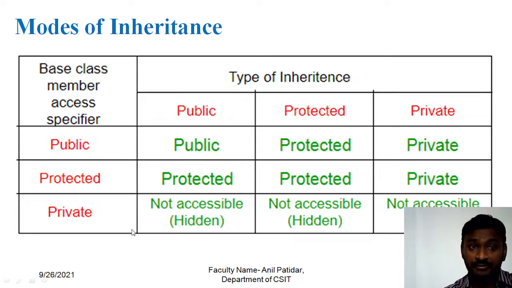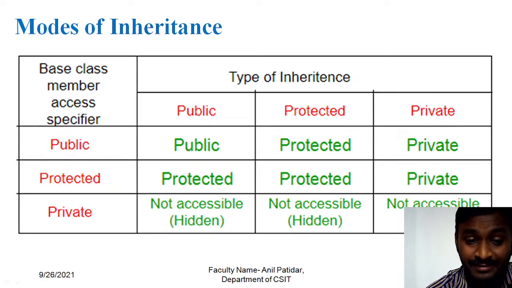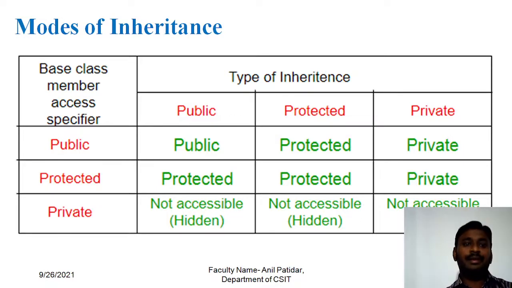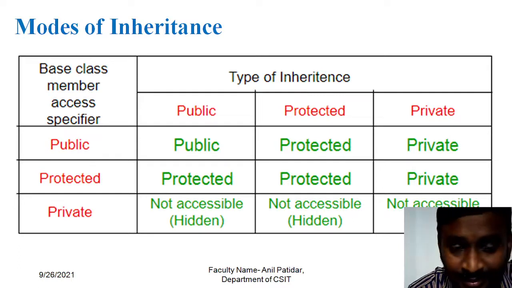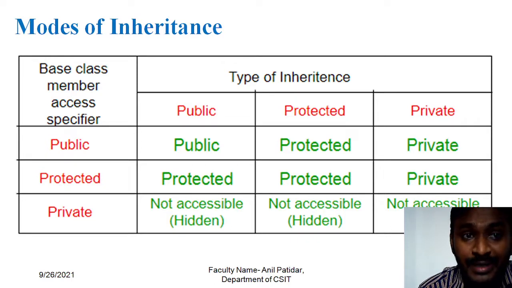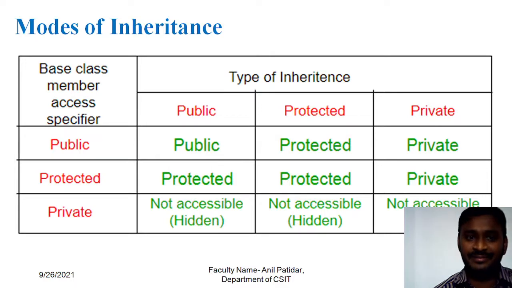If we derive a subclass from a private base class, then in all cases the data members in the base class are not accessible for the derived class. Basically the private data members of the base class cannot be directly accessed in the derived class, while protected and public data members can be directly accessed.